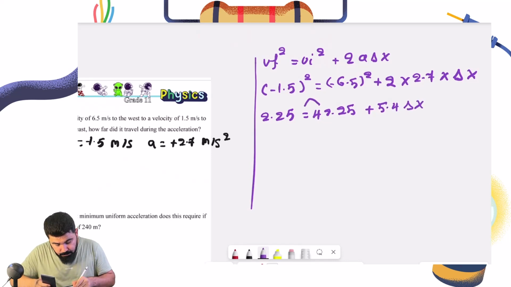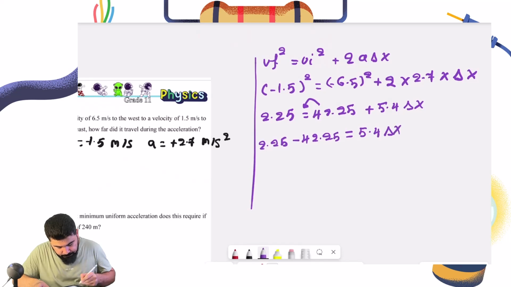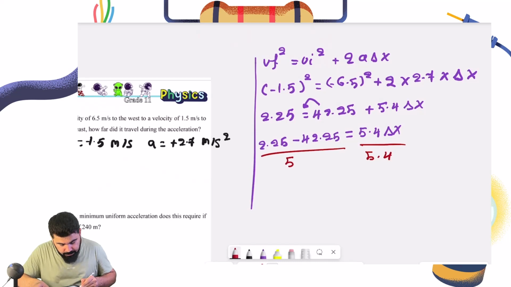Take this 42.25 to the other side. Why? Because we need delta x alone. So it's going to be 2.25 minus 42.25, which is equal to 5.4 delta x. Again, we need delta x alone, so we're going to divide this by 5.4, and divide the other side too by 5.4. So delta x remains alone.